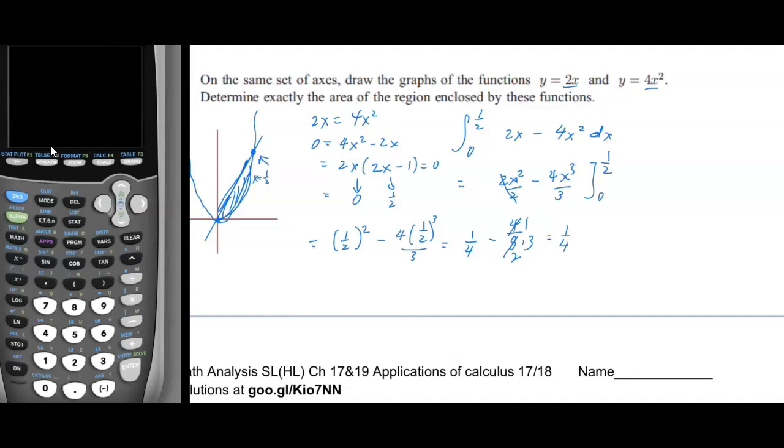So 1/4 minus 1/6. We need a common denominator, which would be 12. 3/12 minus 2/12 is equal to 1/12. So our answer is 1/12. What a nice, neat answer. All right, that's it for this page.